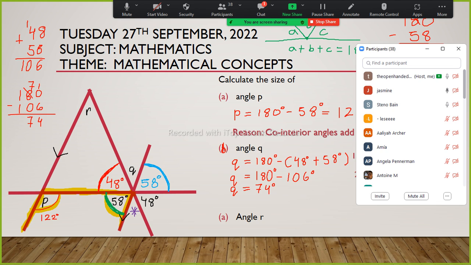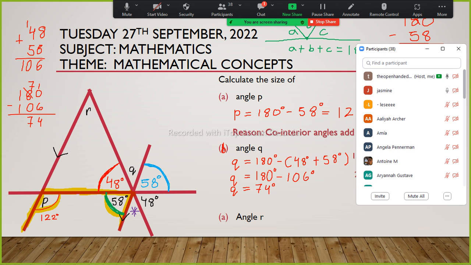I feel like it's 180 minus 122, 58 and 48. 48 plus 48 minus 180. No. 180 minus 48 plus 58. No. 180, open bracket, 48 plus 58 plus 122, close bracket.